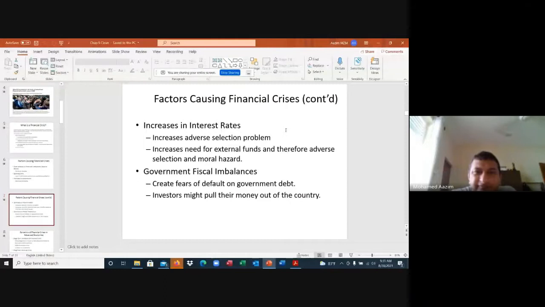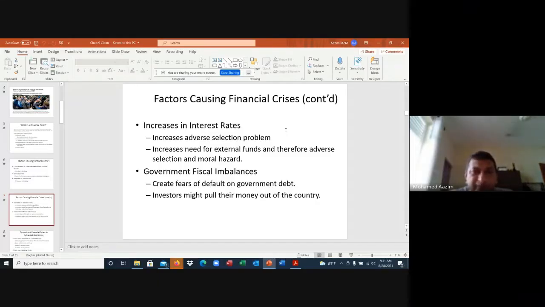Then increases in interest rates. You are not ready to lend because uncertainty and default probabilities are greater. So you are worried about adverse selection, whether you are selecting the right party for the transaction.